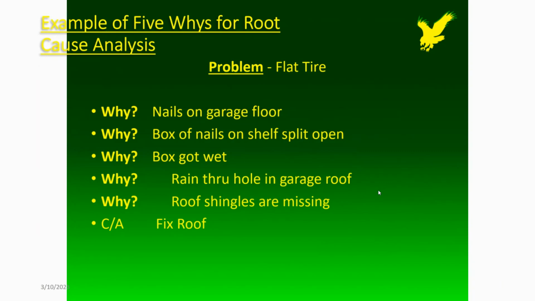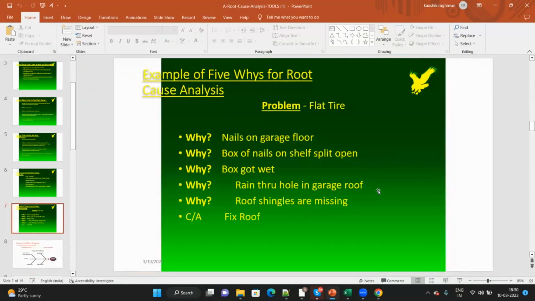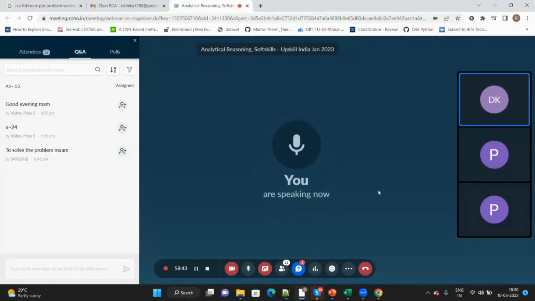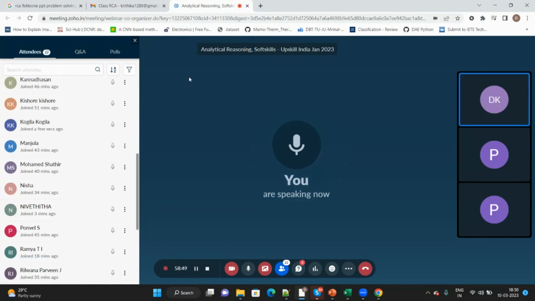Can I ask for a volunteer to help me explain this root cause analysis to someone? Can I have a volunteer? Can you raise your hand? I just need a volunteer who can explain this root cause analysis to all of us. Who wants to go?